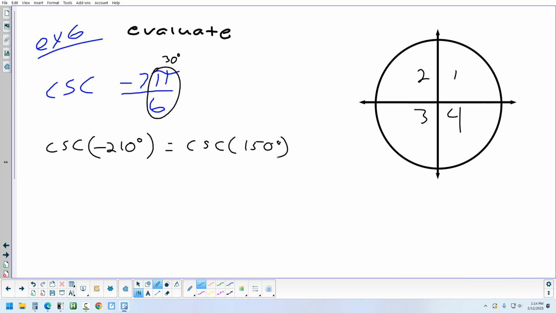How does that not change the answer, by adding a revolution? Because it's going back to the same spot. Instead of thinking about going this way to get to it, we're thinking about going this way. We still end up at the same spot.